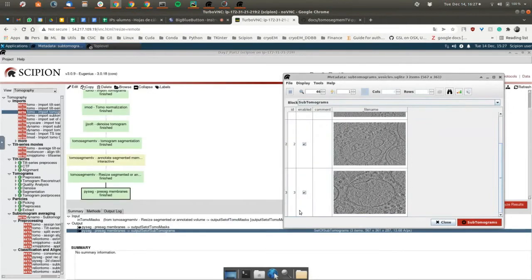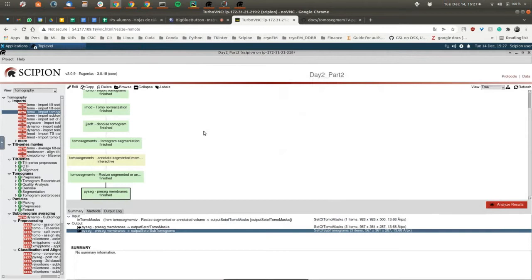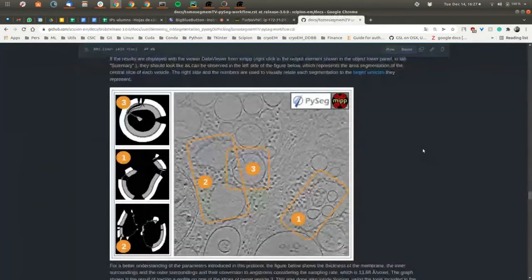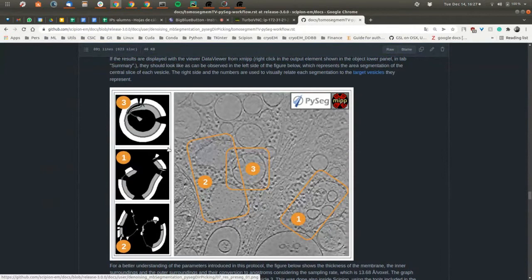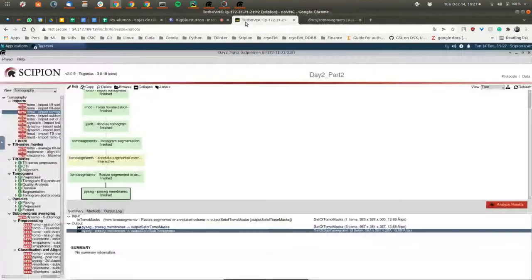So this figure was made just to keep in mind at all times which vesicles from the original data are our targets. I think I've changed the order between this one and this one while I was doing it, but this is just illustrative. Sometimes, as you can observe, this membrane is changing because it has not a regular shape.